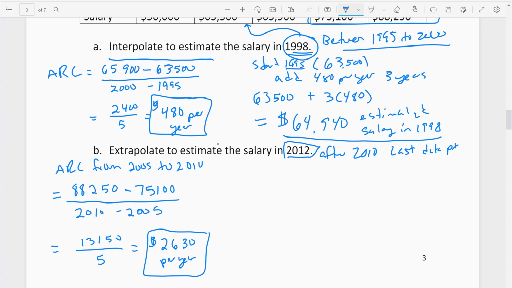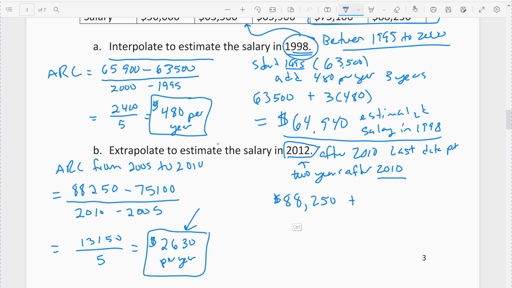All right, so we're estimating 2012, which would be 2 years after 2010. So this is on average how much it grew. And so we're going to add 2 of those to the 2010 year. 2010 was 88,250.